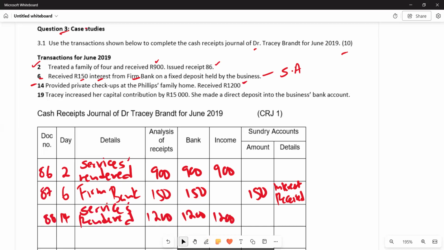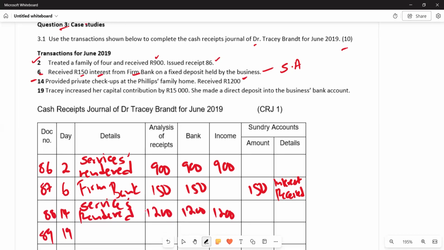So we go to the next one, which is on the 19th. Here, 89 is our document number. Remember, the document number is the receipt number, so we give the next figure from 86: 87, 88, and 89.